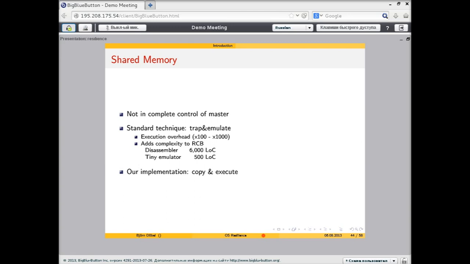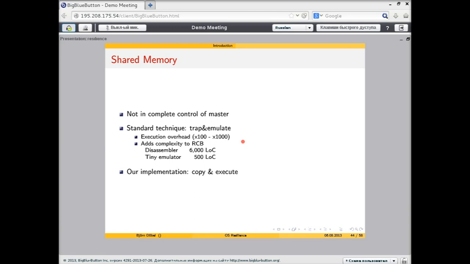This has a problem. For one, this is fairly slow, because for every instruction that accesses memory in terms of a shared memory channel, you get an overhead of a factor of 100 or up to 1000, because you're now not only executing one memory instruction, but several instructions. The other thing is it also adds complexity. So we wrote a small disassembler for x86 that allows us to figure out what instructions are executed by an application accessing shared memory.